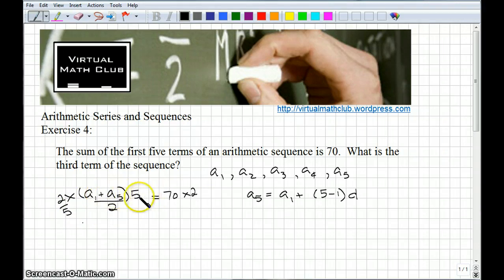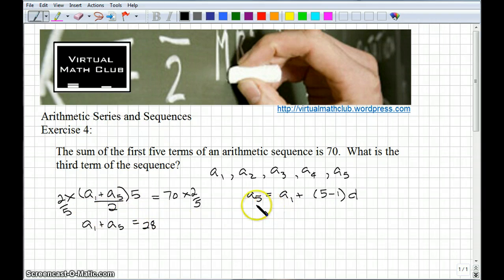So I'll get A1 plus A5 over here, and I want to multiply this by 2/5. So I've done the same thing to both sides, so the equality still holds. So I can find that A1 plus A5 is equal to, this ends up being 28. Because 70 divided by 5 is 14, and then times 2 is 28. Okay, so that simplifies it a little bit.